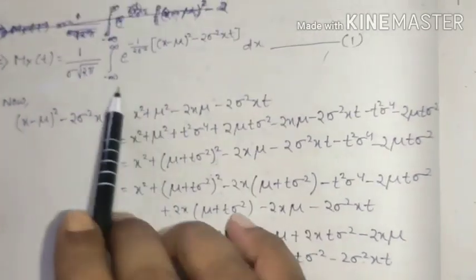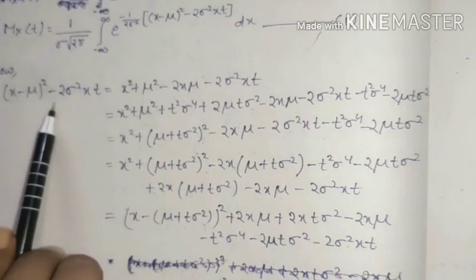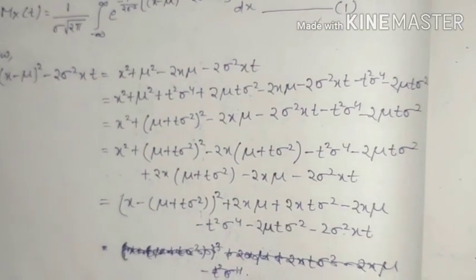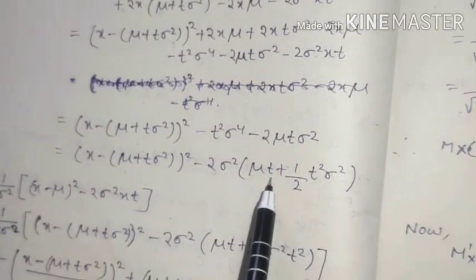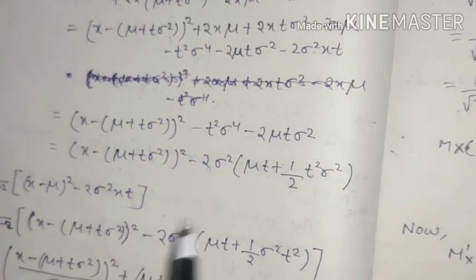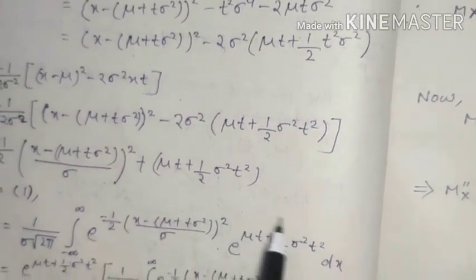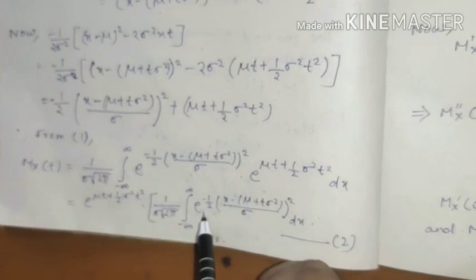Before that integration, first you have to simplify x minus mu whole square minus 2 sigma square xt, and after that the result is x minus mu minus t sigma square the whole square, minus 2 sigma square mu t minus t square sigma square. After that put the formula: M x of t is equal to 1 by sigma root over 2 pi, integral from minus infinity to infinity of e to the power minus half into this.